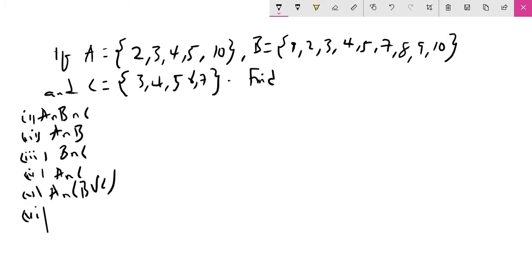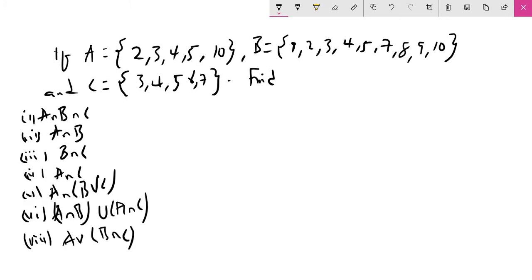Now I'm going to be introducing a few things with this question. A intersection C. Well, it's going to be an introduction only if you don't know it yet. I'm pretty sure you all know it. I trust you guys.